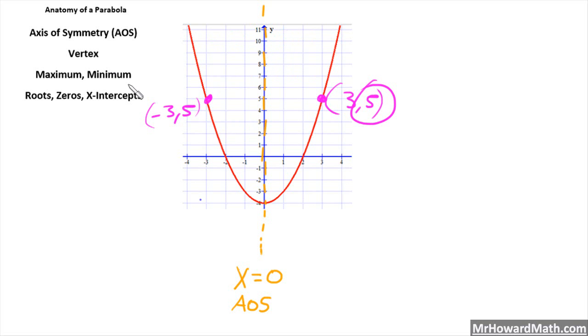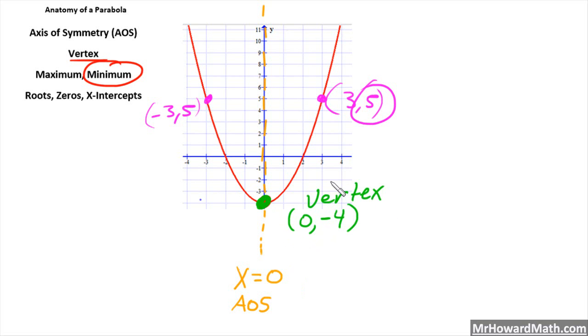All right, vertex. Vertex in this case is going to be a minimum. So the vertex is a minimum. The vertex is this very bottom point. It's the lowest point, the minimum point. I'm going to use another color here. We'll use green. That point right there. So the vertex for this one is (0, -4). (0, -4) is the vertex, and we want to label it with words here.